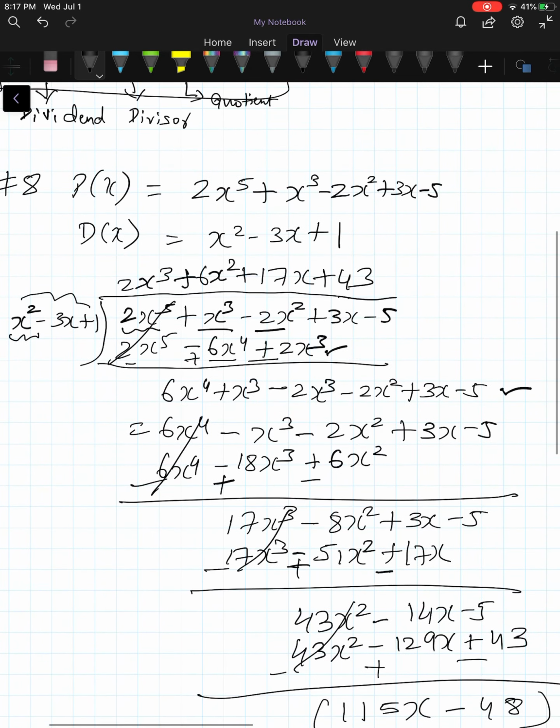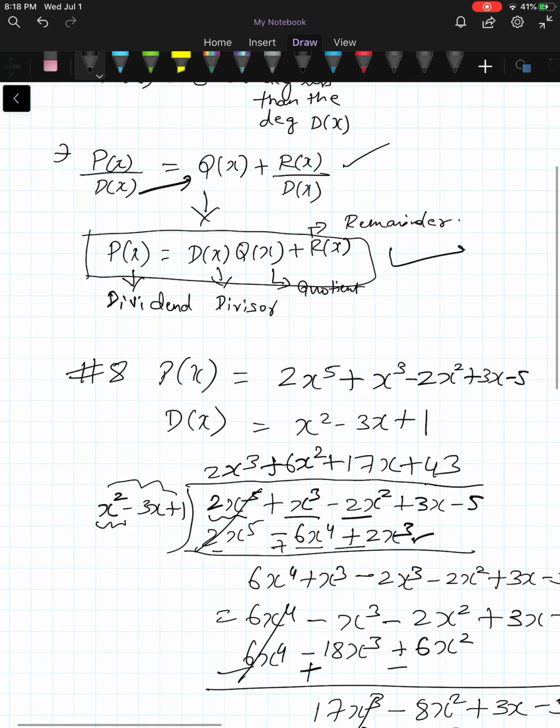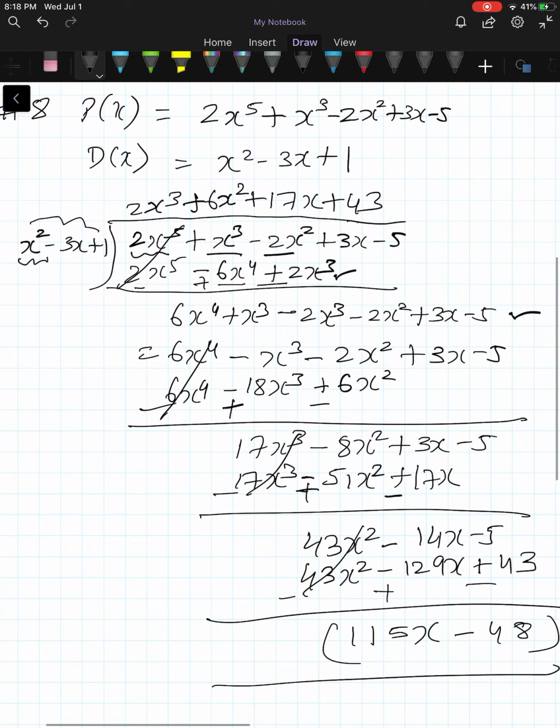So now they have asked us to express it in terms of this equation that we learnt in the division algorithm.